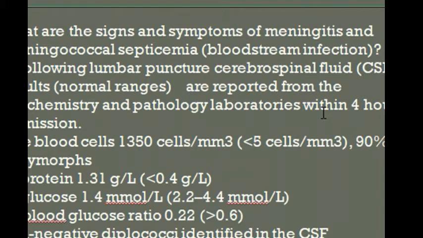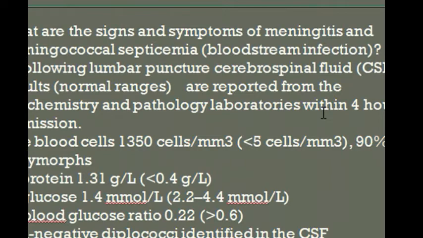Lumbar puncture is also considered a mandatory test in suspected bacterial meningitis, but this procedure is very dangerous and it can pose a risk of brain herniation in patients with increased intracranial pressure.